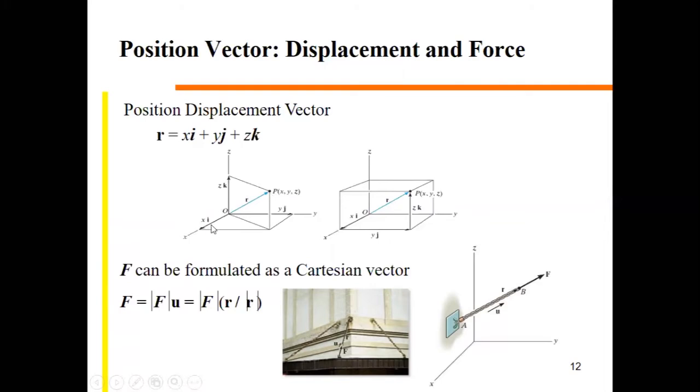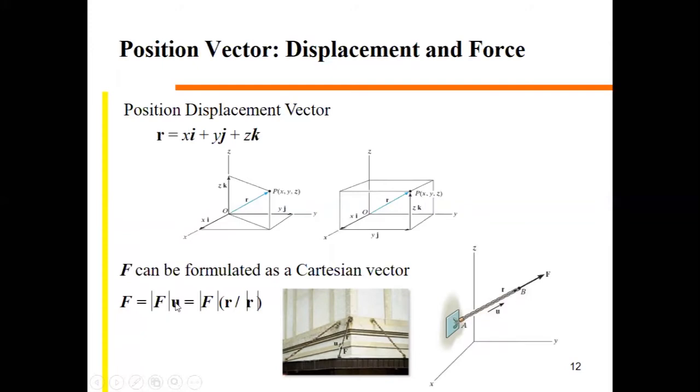So again, a force F can be formulated in terms of the Cartesian position vector. This is the position vector in Cartesian form. If this is a force F from A to B, and we know the magnitude, we multiply the magnitude by U. What is U?